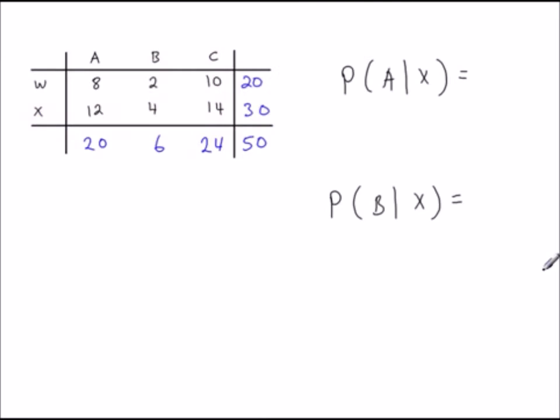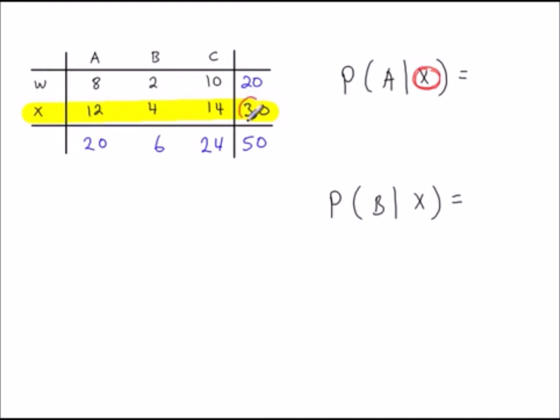Okay, we move on to conditional probabilities. This vertical line here represents conditional probability. So the event A happening, given that X has already happened. Now with conditional probabilities, start off by looking at the letter on the right hand side, event X, and event X is in that row there.